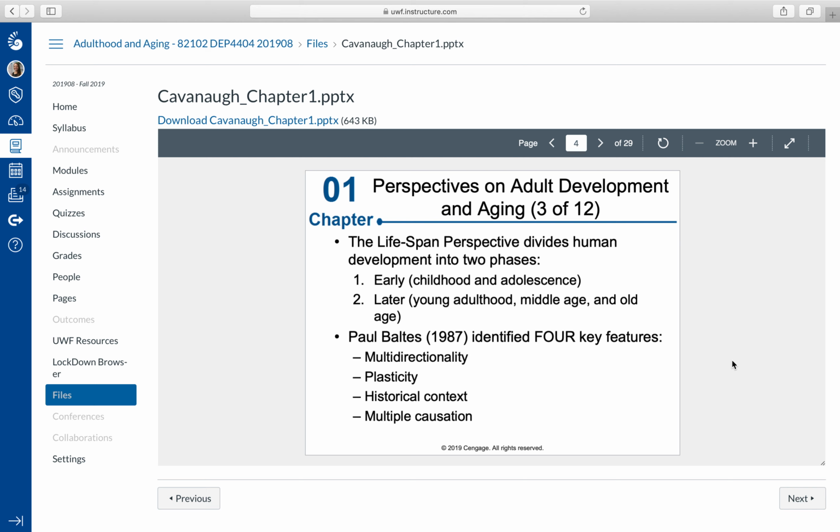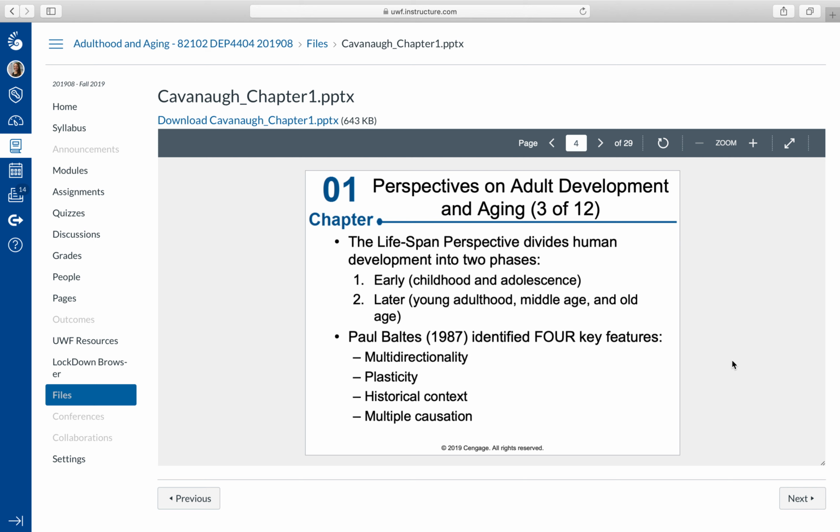And then, of course, we always have to talk about multiple causation. So, how people develop, how they age, it depends on a wide variety of factors, which is really common sense, right? And that is, if you read the syllabus, which you should have because you've got a quiz due, you'll see that I like to talk about aging in a biopsychosocial framework.